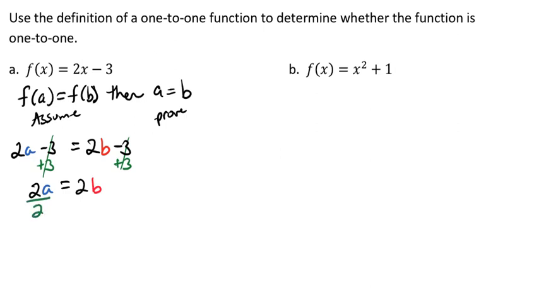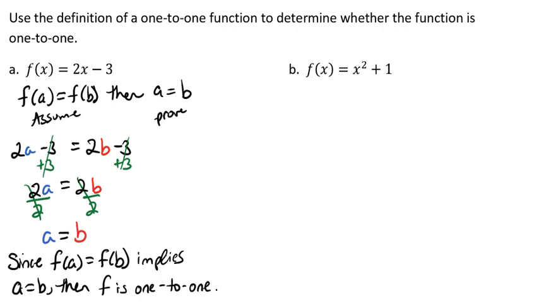From here, we'll divide both sides by 2, and we see that in this instance, a, in fact, does equal b. So because f of a equals f of b implies that a equals b, we can say that f is a one-to-one function.